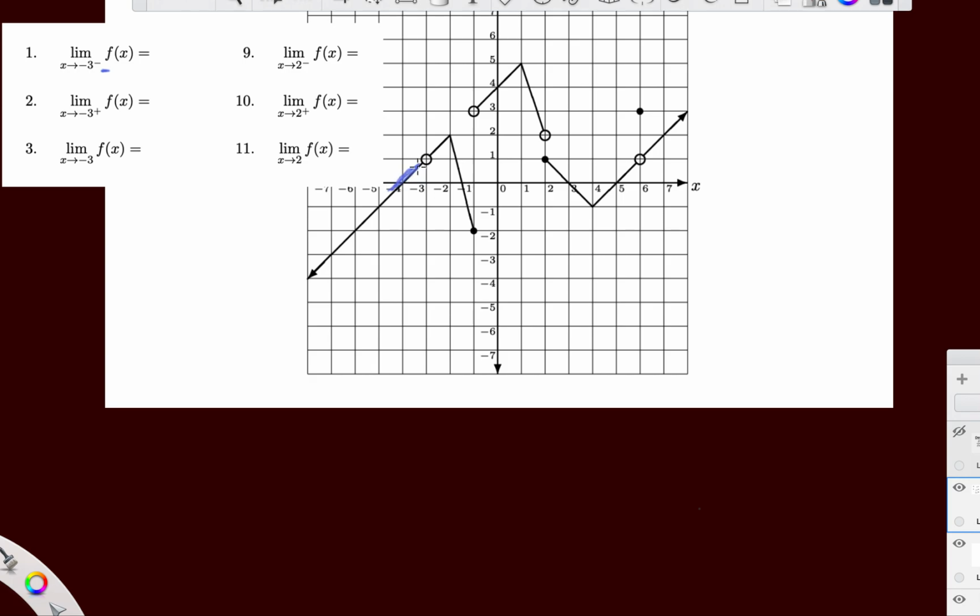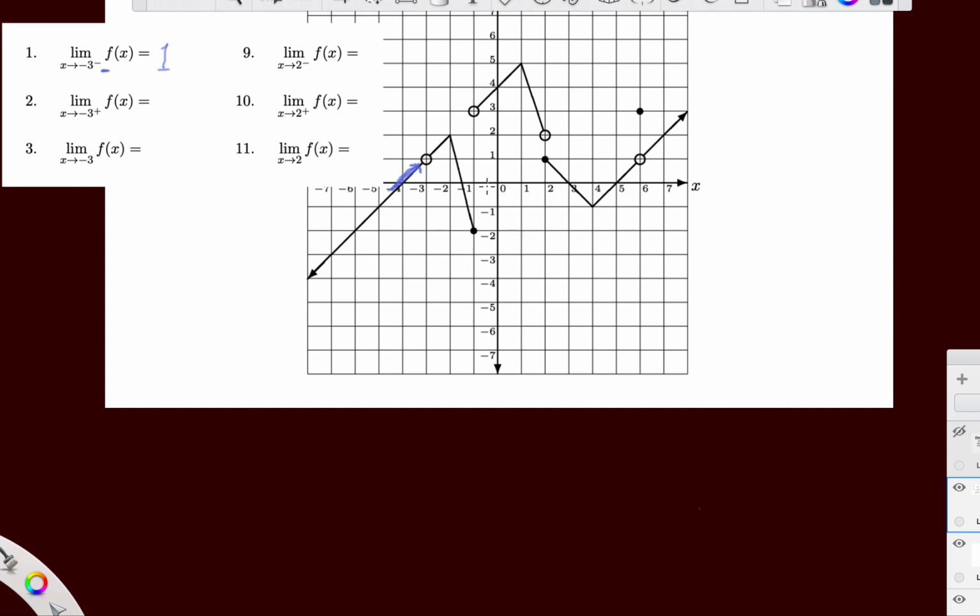Let's see if I can make this a little darker. It looks like we're approaching 1, right? So it's getting infinitely close to 1 on the y-axis. So its output would be 1. So we'd put a 1 here. And maybe I'll change the color, make it a little bit darker, easier for you to see.